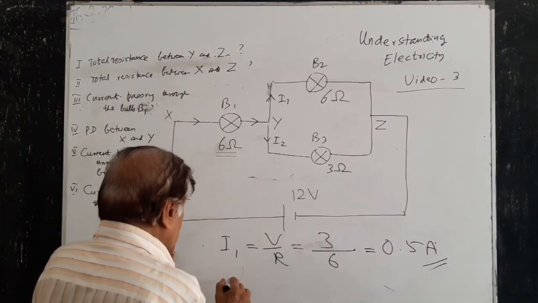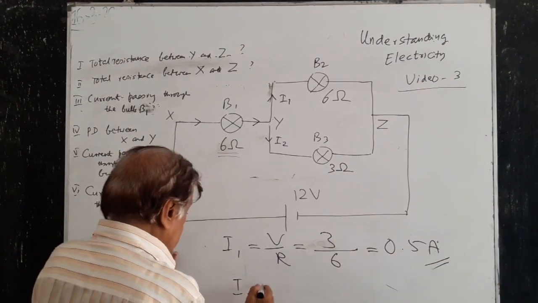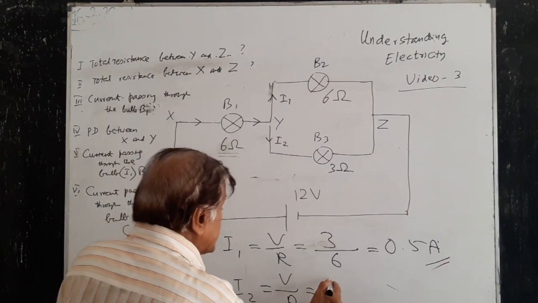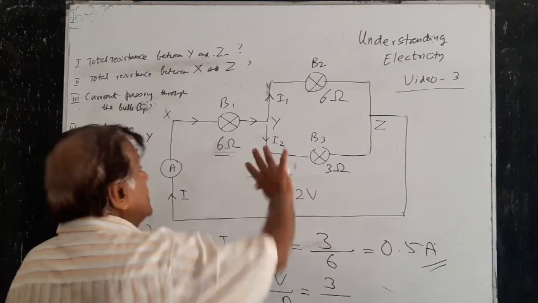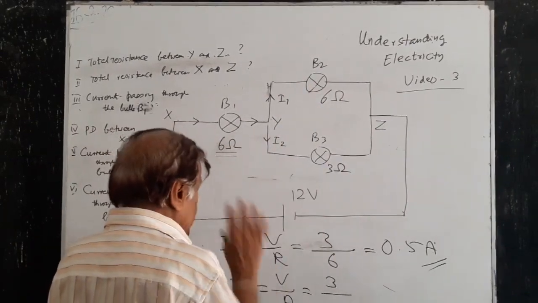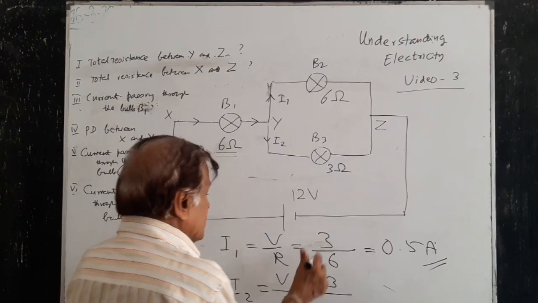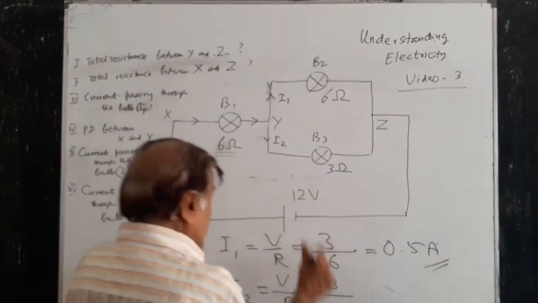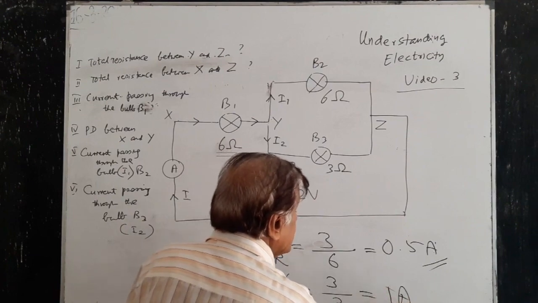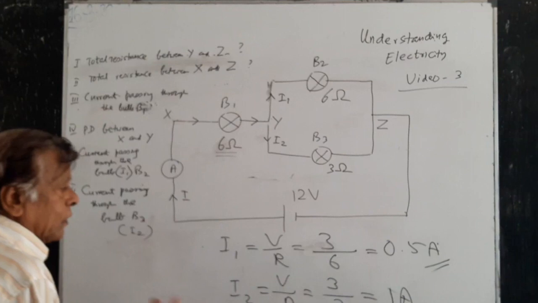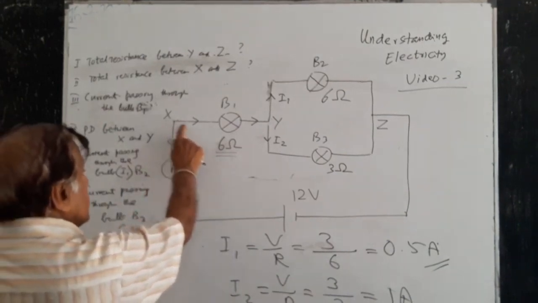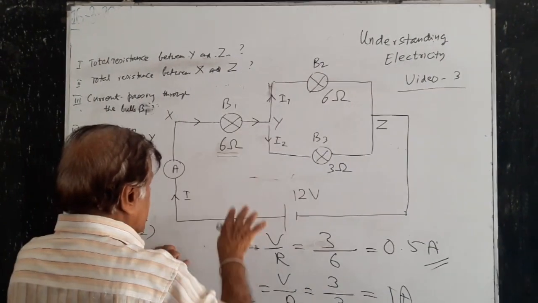Now let us calculate I2 also. V upon R, V is 3, not 12. 12 is for all these. For these two the potential difference is 3 volts. Divide this by 3, 1 ampere. Correct? Yes, because the current flowing through this bulb is 1.5 amperes.